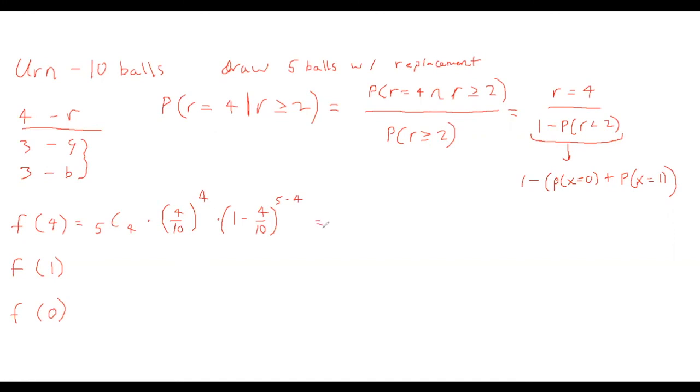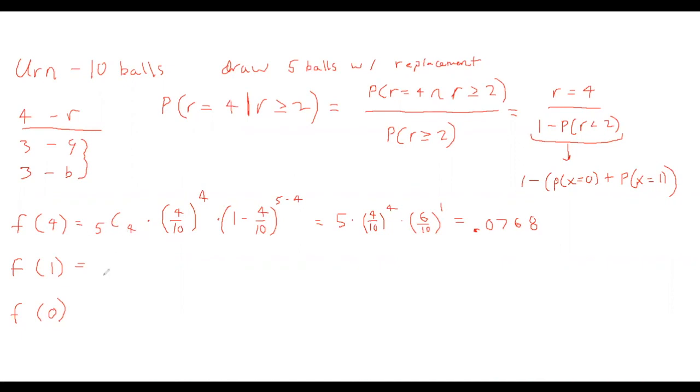And so this probability will equal 5 choose 4, which is 5, times 4 over 10 raised to the 4th, and then 6 over 10 raised to the 1, which is equal to 0.0768. F of 1 is the same thing, except I'm going to skip the intermediate step.